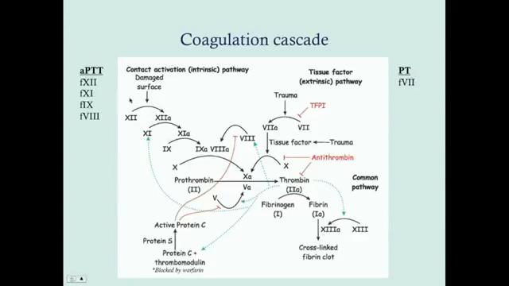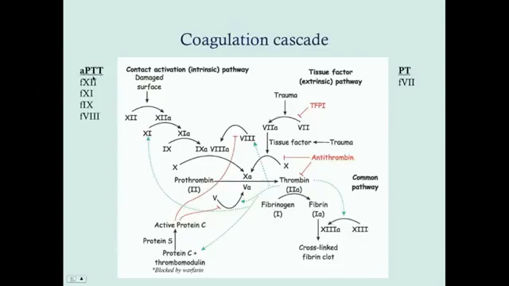The first pathway is the intrinsic pathway, and this is initiated by a damaged surface epithelium, and this involves 4 factors: 12, 11, 9, and 8. Ultimately leading to your common pathway, which is 10, 2, and 1, and 13.